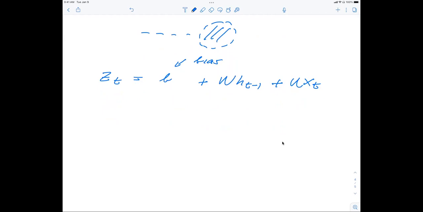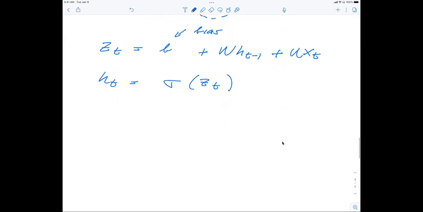Then what we do next is that we produce an output, h of t, which is given by some activation function. This could be an activation function of the ReLU type, it could be a tanh, it could be a sigmoid function, or whatever we are dealing with. And this takes as input this z of t.